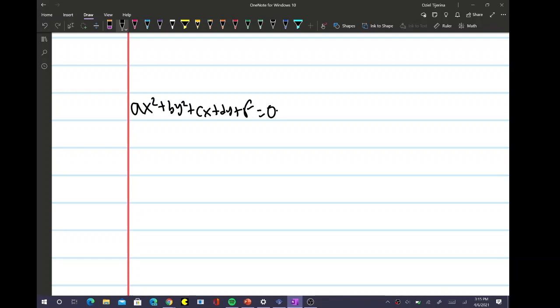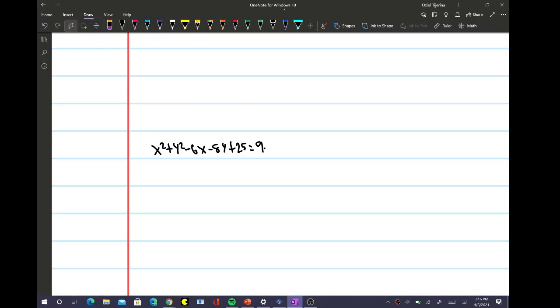So give me 1 second meanwhile I look for an example. Okay, I hope I did this right. Let me just verify that this is the one that I was actually coming up with, because I literally did this from vertex form to standard form.